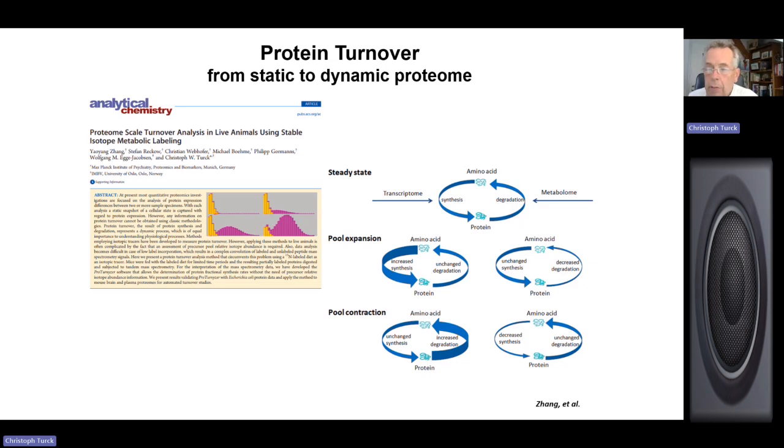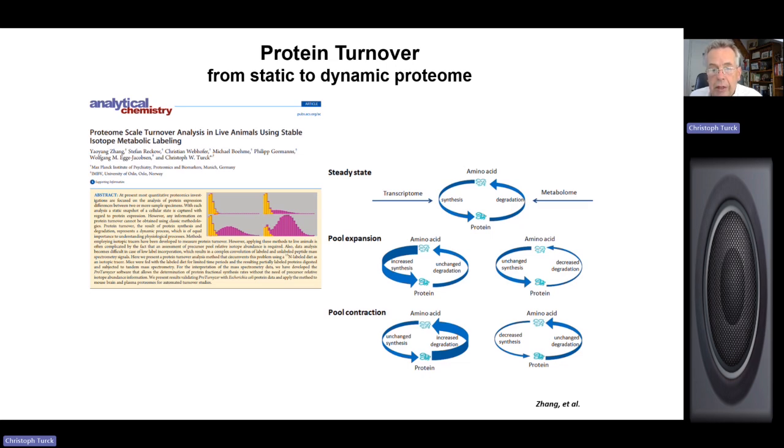Either you have an equilibrium where the protein amount doesn't change. You can have a pool expansion by either increased synthesis and unchanged degradation, or vice versa, unchanged synthesis and decreased degradation. And then the opposite is true for pool contraction. This is basically what's behind protein turnover.